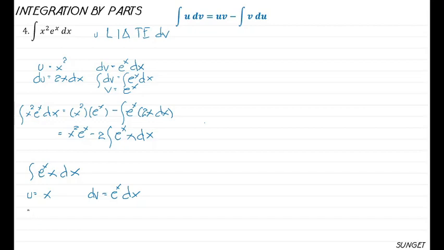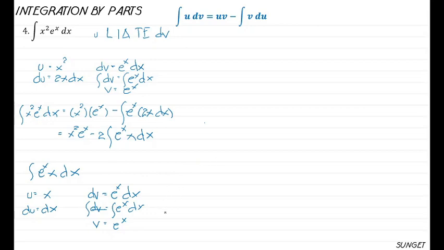So differentiate: du is equal to dx. For the dv part, integrate each side, so v is equal to e raised to x.